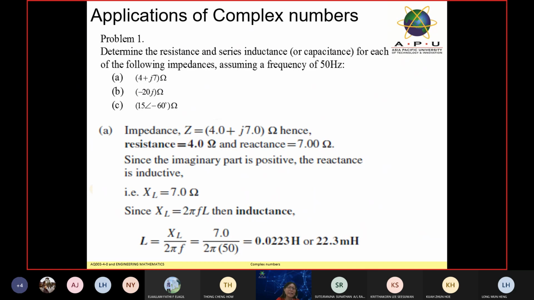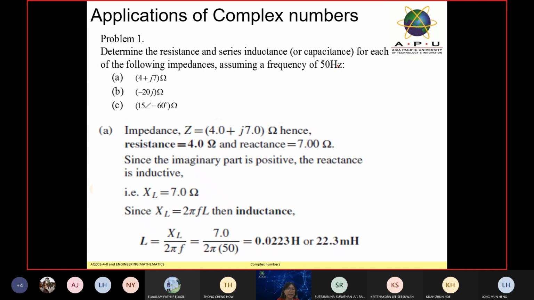Okay, so next, for problem 1 given here, determine the resistance and series inductance or capacitance for each of the following impedances, assuming a frequency of 50 Hertz.